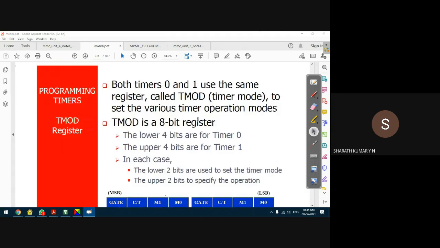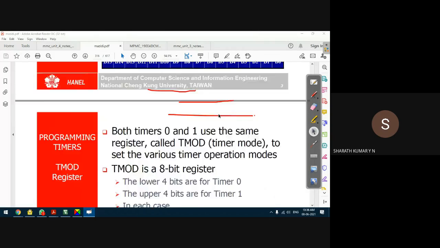Okay. So both timers, timer 0 and timer 1, use the same register called the TMOD register, the timer mode register, to set various modes of operation. Each timer has separate modes of operation. Why modes of operation? Because sometimes we may not require all the 16 bits.